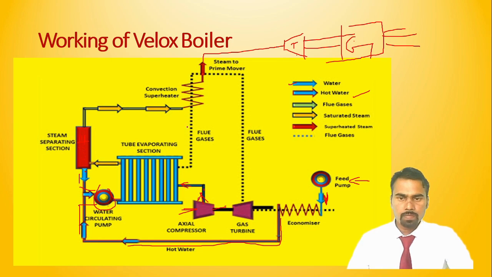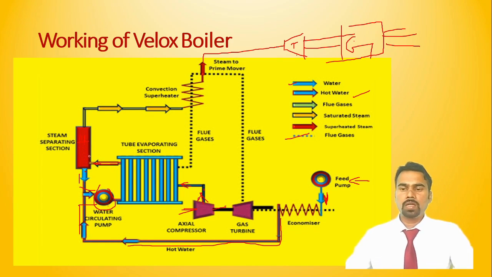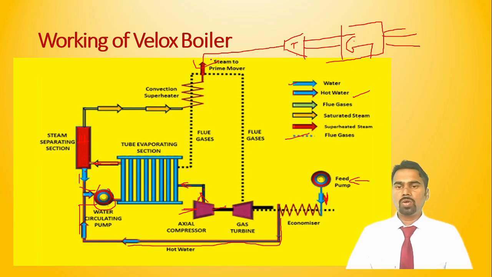This dotted line is nothing but the path of the flue gases. Then saturated steam means a mixture of water and water vapor; after taking heat from the burnt gases, this mixture becomes saturated, right? Then superheated steam: after taking heat from the flue gases, this steam becomes superheated. So this is all about the Velox boiler.